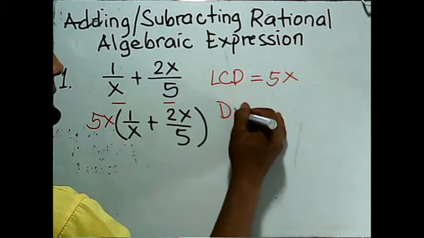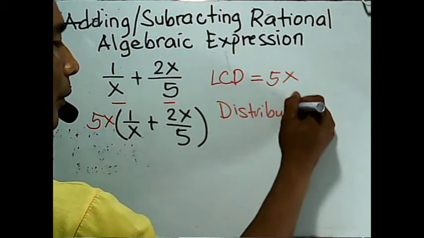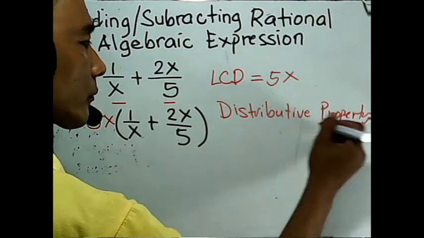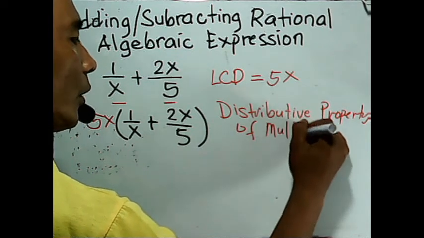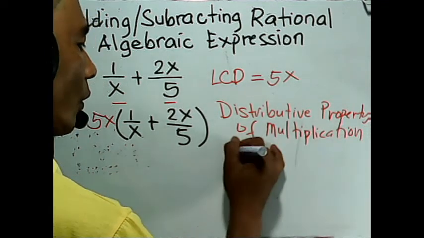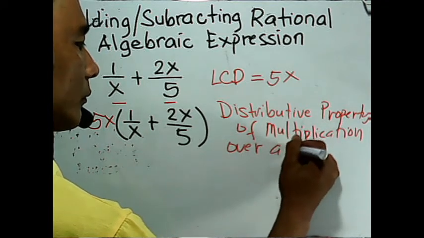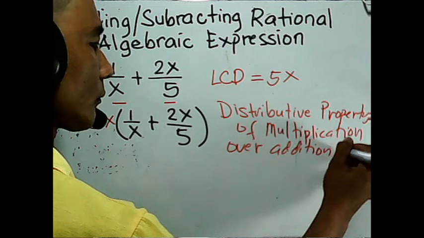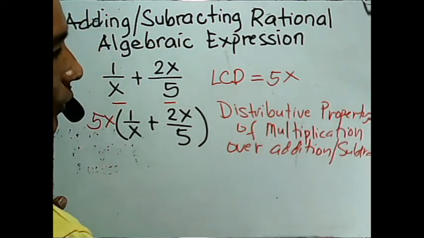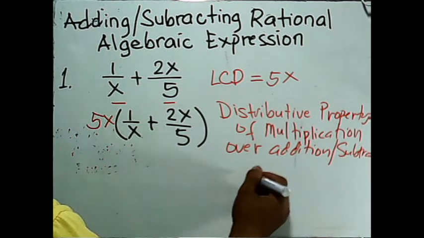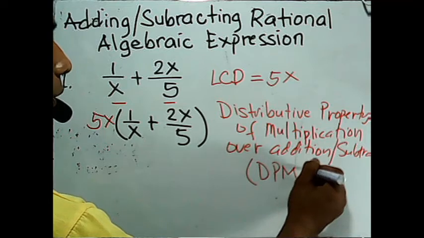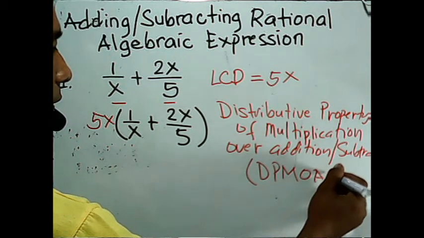So we simply write distributive property of multiplication over addition or subtraction.